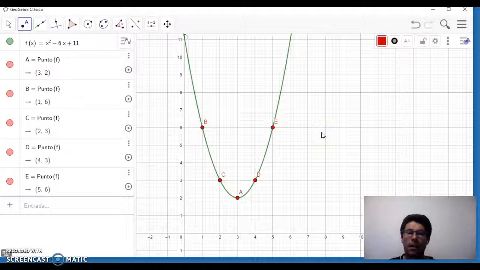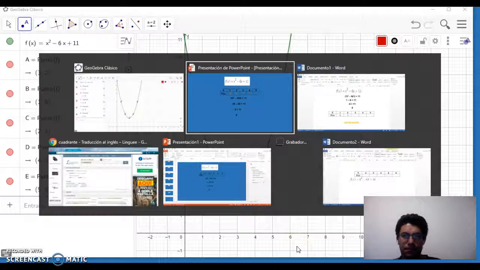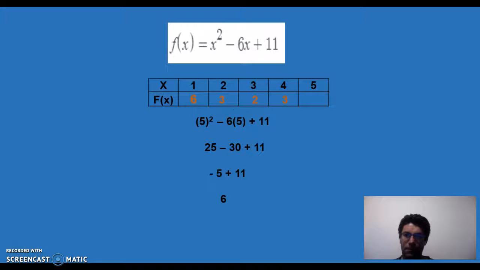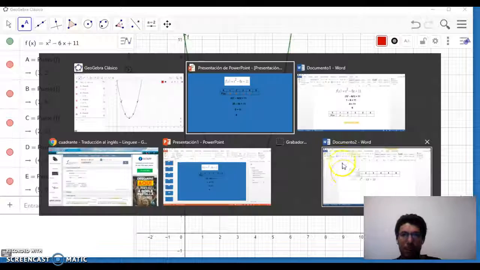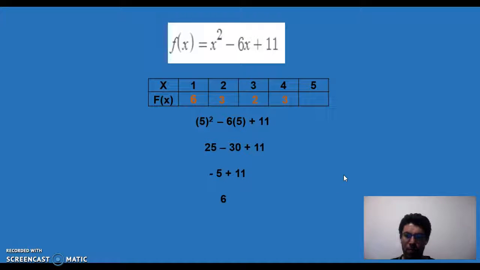In another video, I will explain how to identify the domain and the range of a function, as well as the vertex and the intersection with the y or x axis. 6, 3, 2, 3, 6. It means that it is correct, what we graphed and what we tabulated.